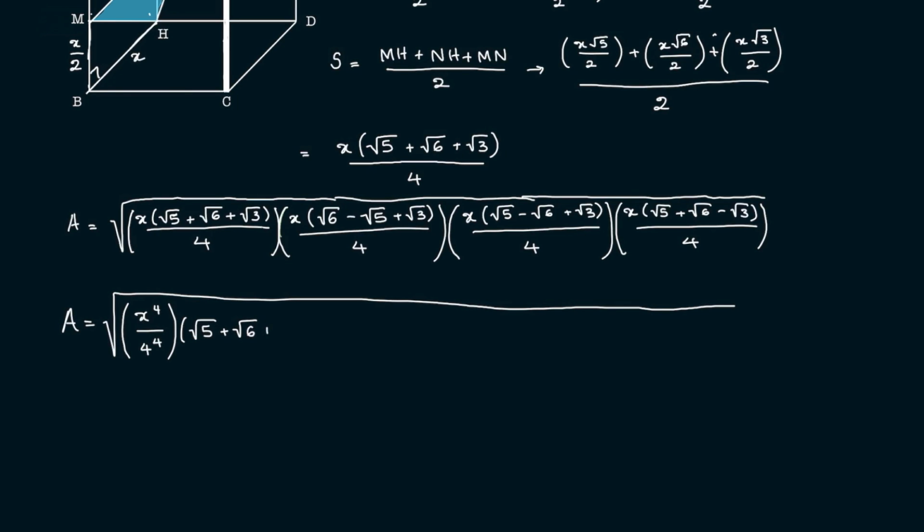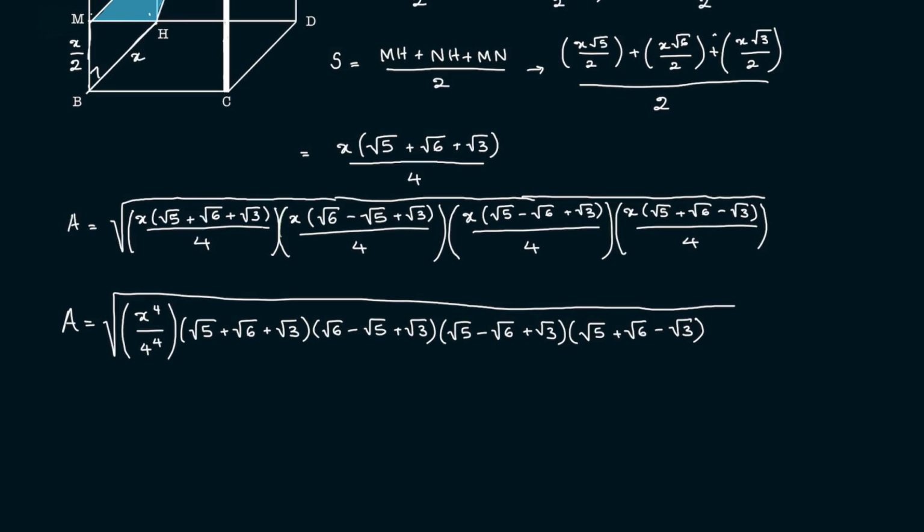So that's going to be root 5 plus root 6 plus root 3 times root 6 minus root 5 plus root 3 times root 5 minus root 6 plus root 3, and finally times root 5 plus root 6 minus root 3.